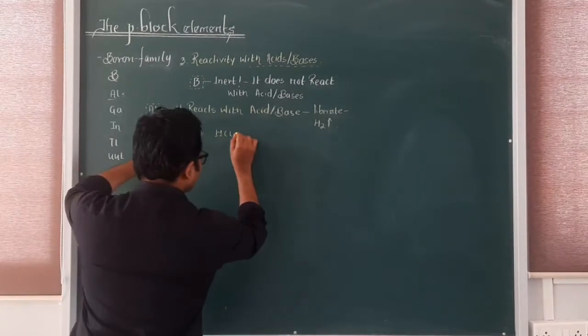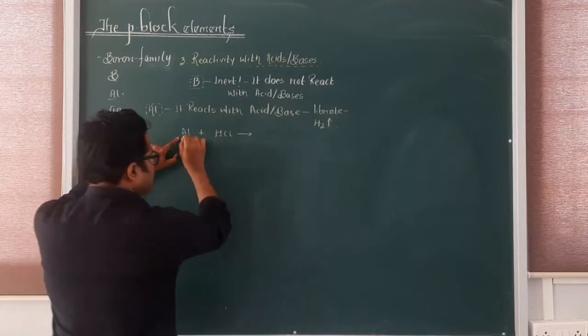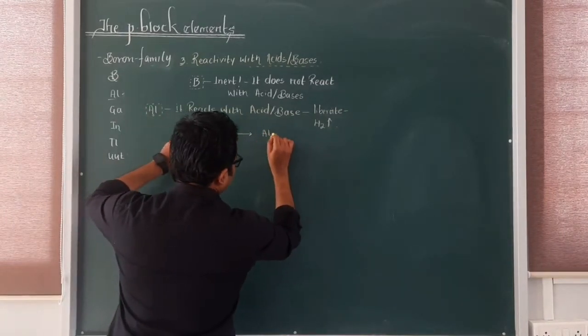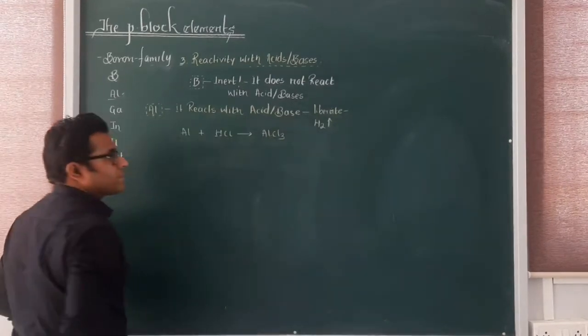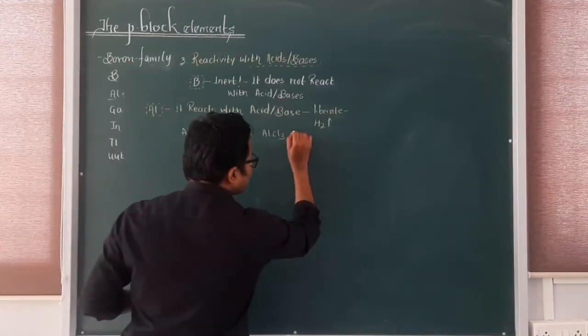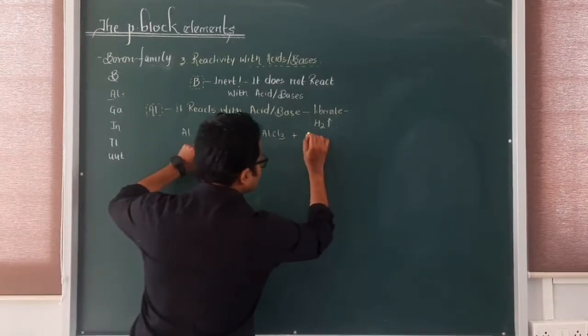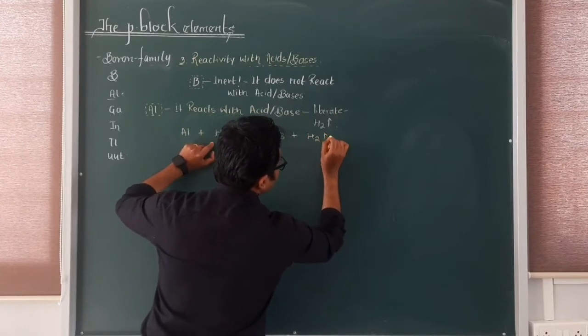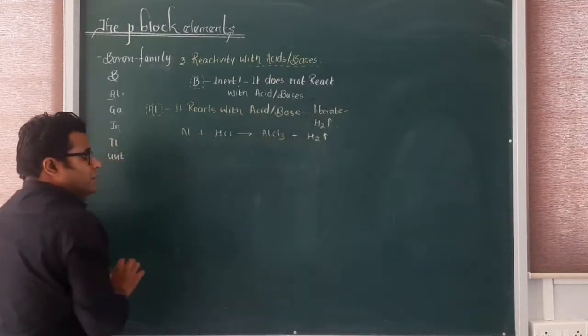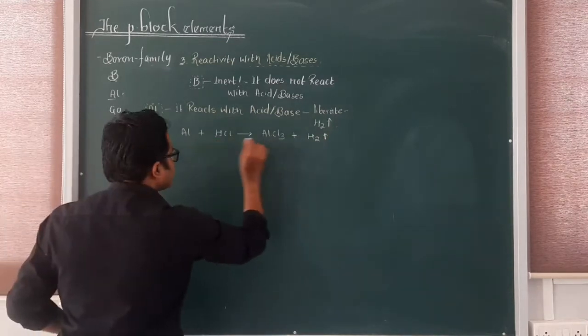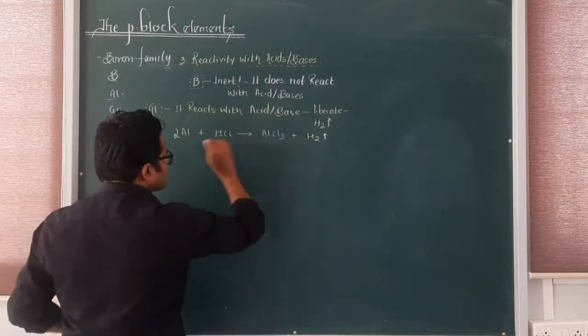So here, what will happen is AlCl3, aluminum chloride, plus hydrogen is going to be liberated. Okay, in order to balance it, let's take over here 2Al.